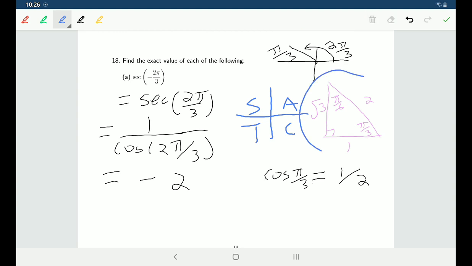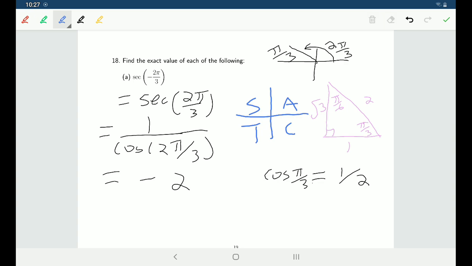So I know that I need to get my special triangle out. And for cosine of pi over 3, that would be adjacent over hypotenuse, and adjacent over hypotenuse would be 1 over 2. So we have cosine of pi over 3 is a half.